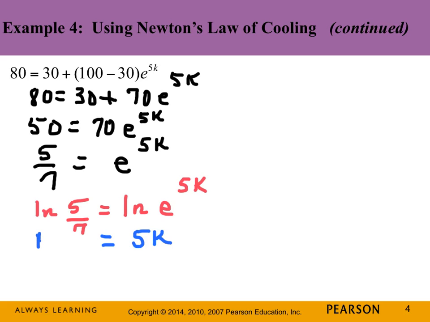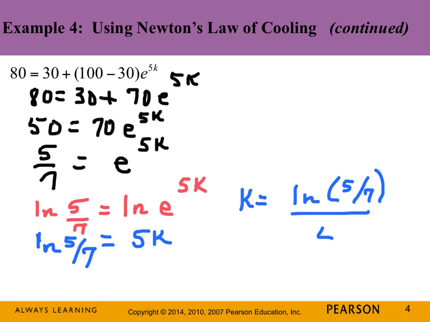So we've got the natural log of 5 over 7 equals 5k. If you divide both sides by 5, you'll end up with k equals natural log of 5/7 divided by 5.